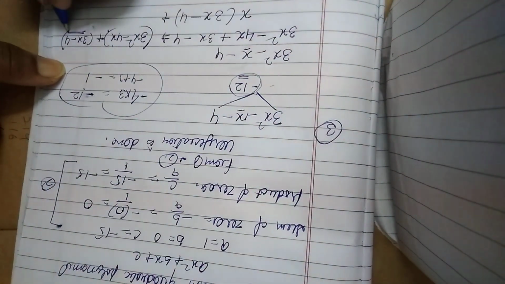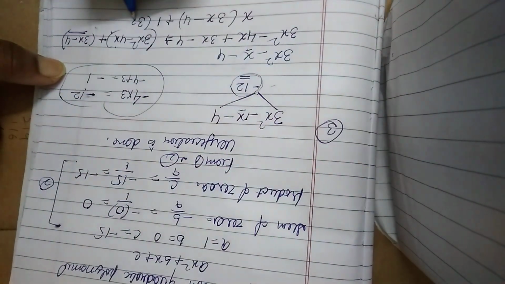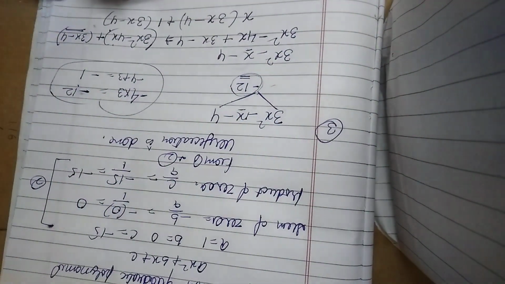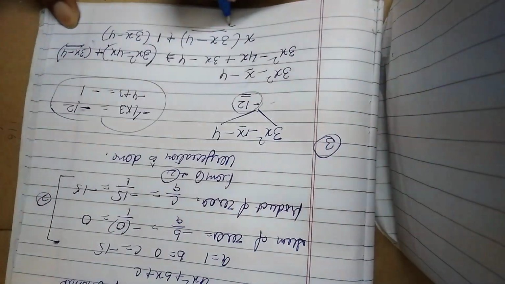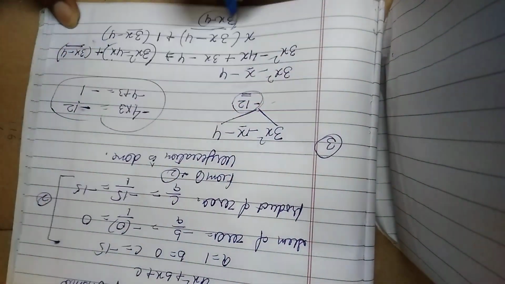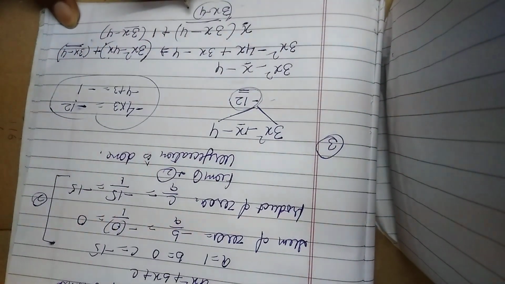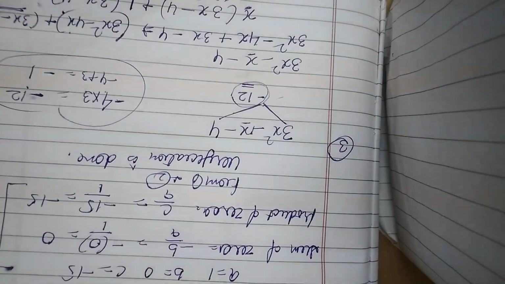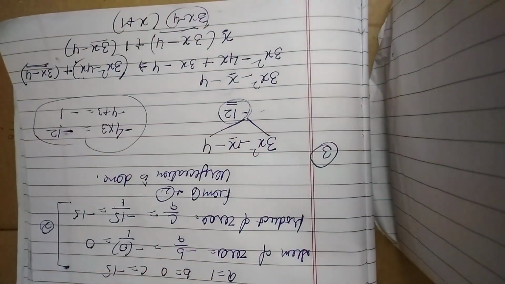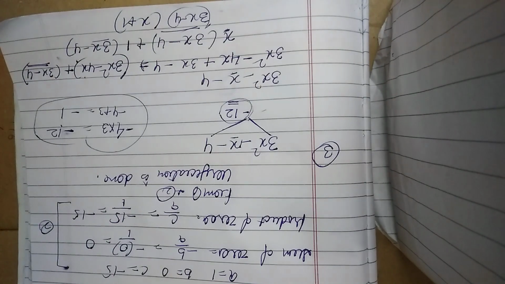In the second pair nothing is common, so we take 1 into 3x minus 4. We have two factors: one is 3x minus 4, another is x plus 1.